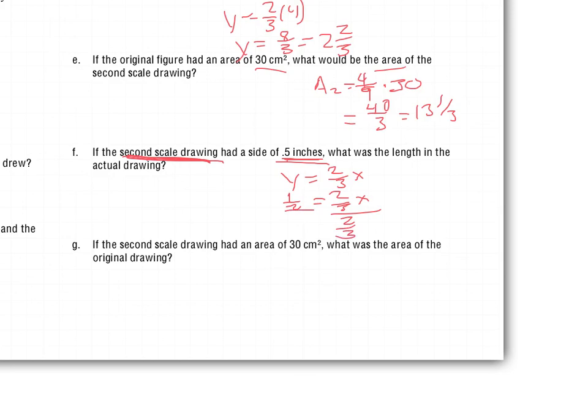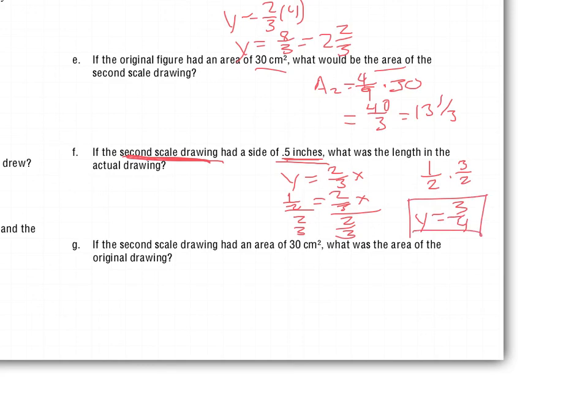That's just going to make things easier. 1/2 divided by 2/3 is going to give us 1/2 times 3/2. It's going to give me y is equal to 3/4 of an inch.